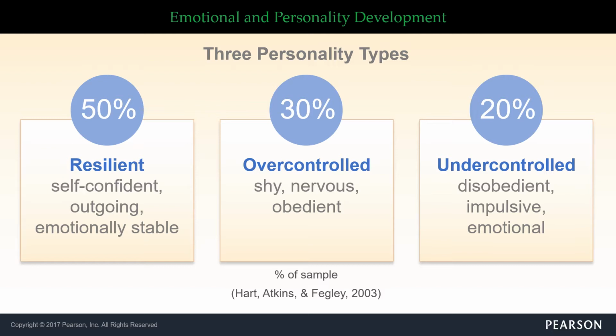And then the third category, or personality type, correlates with the difficult category, or temperament, in infancy and toddlerhood, and that's under-controlled, where a child struggles to behave appropriately, or in this slide they call that disobedient. They're more impulsive and more emotional.